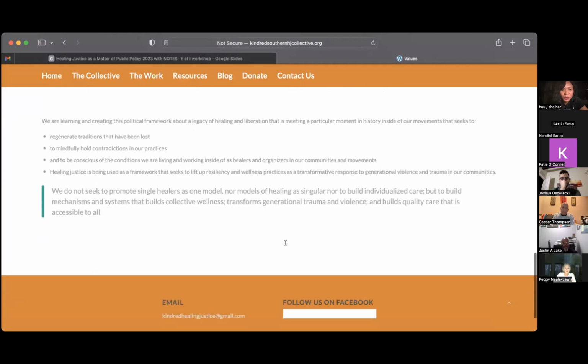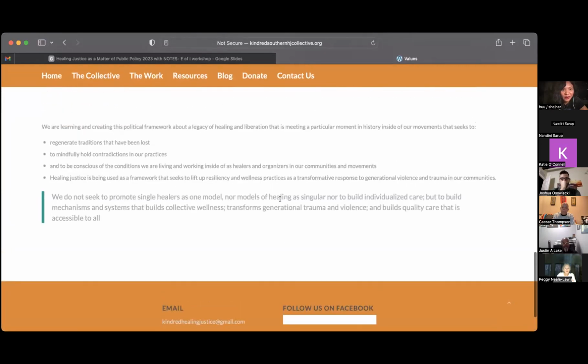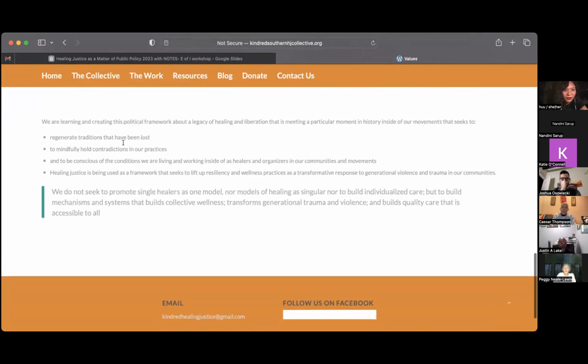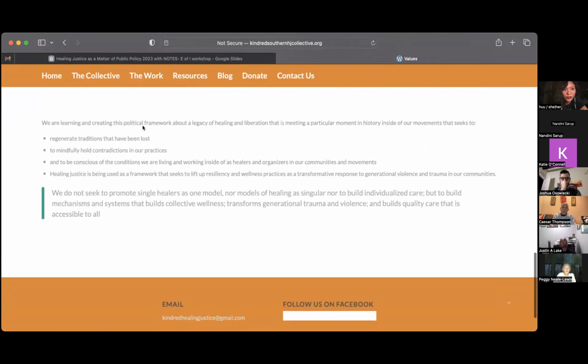But if I could have someone just unmute, because I feel like I'm going to be doing a lot of talking. So folks, will anybody unmute and read this last part for me? We're starting at "we are learning and creating," and then reading the remainder of that page. Any volunteer?